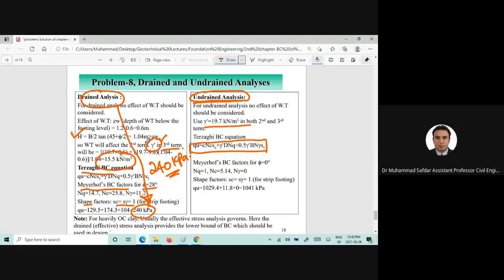In case of the drained analysis, it is our long-term stability analysis or the effective stress analysis. And undrained analysis is known as short-term analysis.